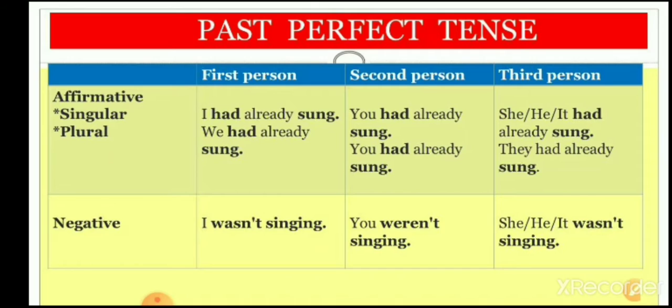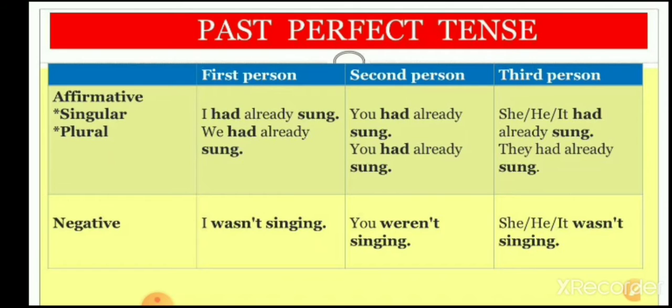Here, the base form of verb we have used is sing. So sing is the V1 form of verb, sang is the past form of verb, and the past participle form of verb is sung.